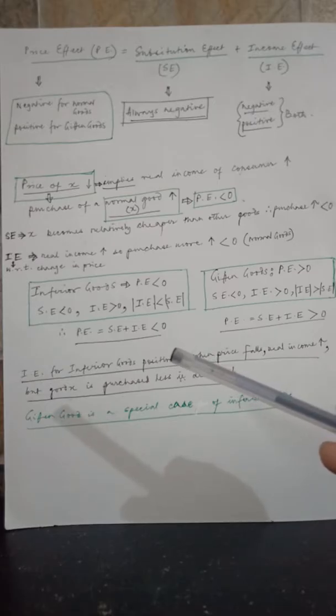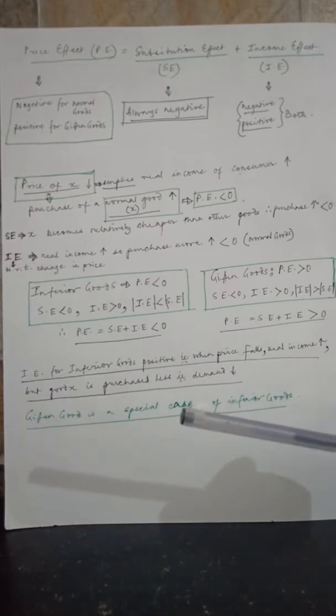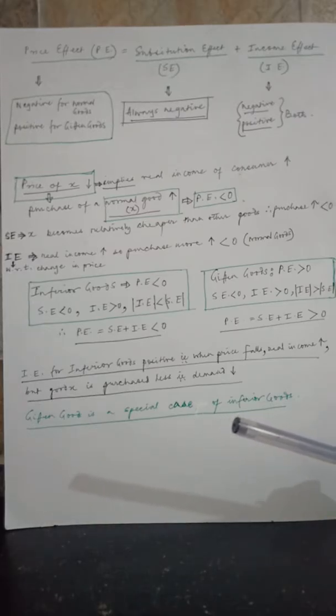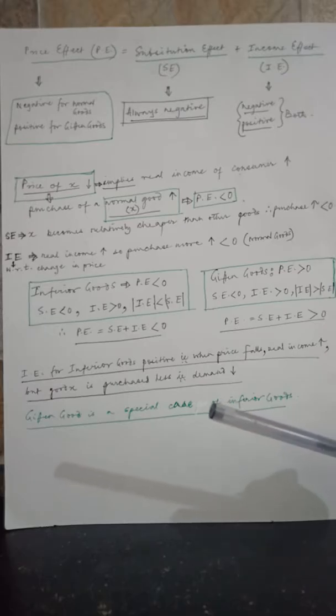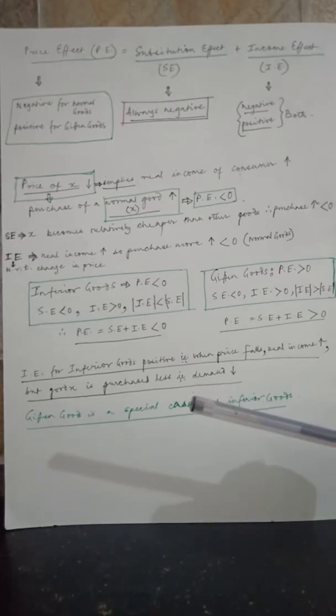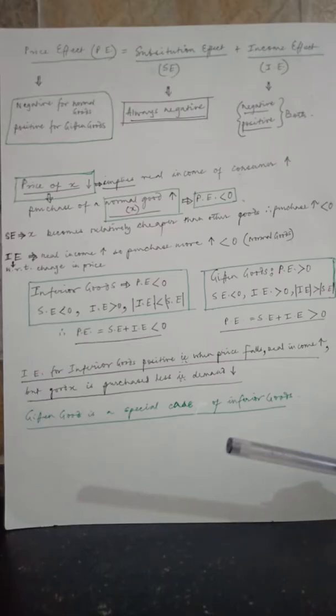So when we purchase, say, apples and oranges, suppose the price of apple is decreasing, then we will buy more of apples. So we will substitute apples for oranges. Now we will purchase more of apples because the price of apples has decreased.